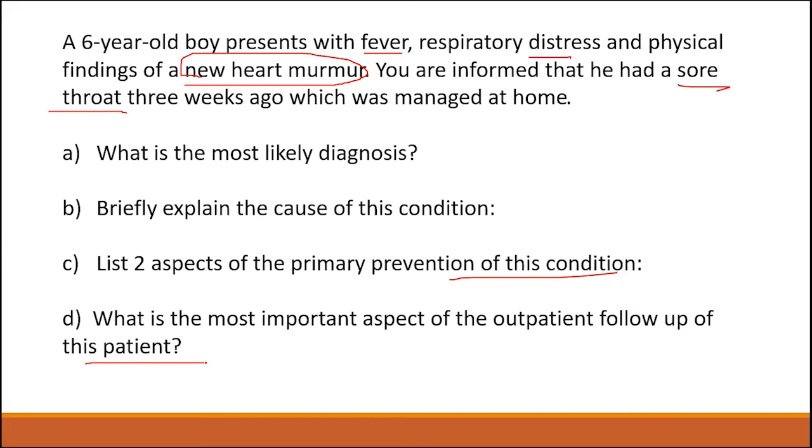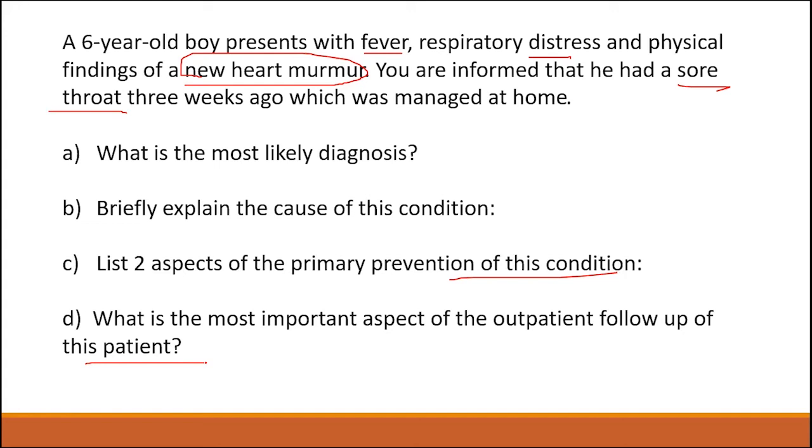So normally, what we will give for this kind of condition is benzathine penicillin. You can give it IM. It's like you give a start dose. They will go home and come back the next 3 weeks or 4 weeks for another dose. That's how we give the benzathine penicillin.